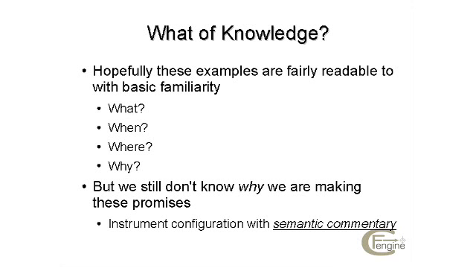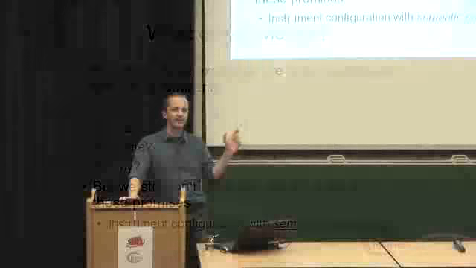So we've looked through some of these examples of basic low-level promises, and hopefully they're fairly readable at some level, but still there's the question of how do we read these promises? What knowledge do they bring to the process of managing IT systems? So there are these four questions: what, when, where, why. The what is the thing making the promise.